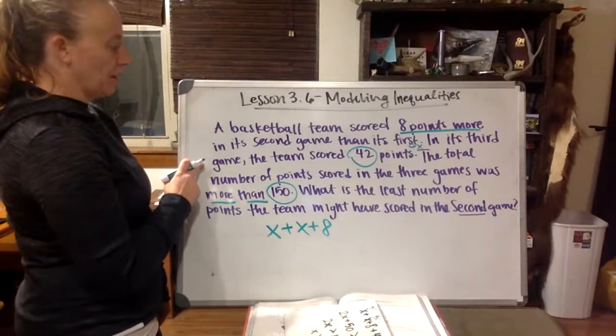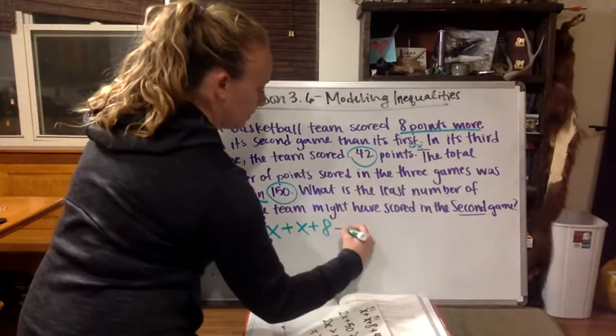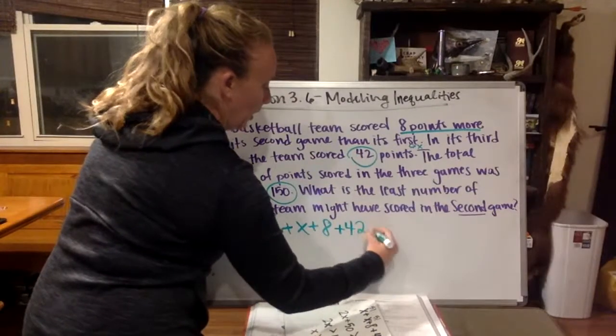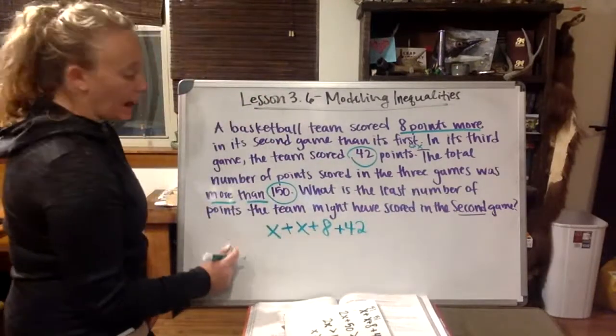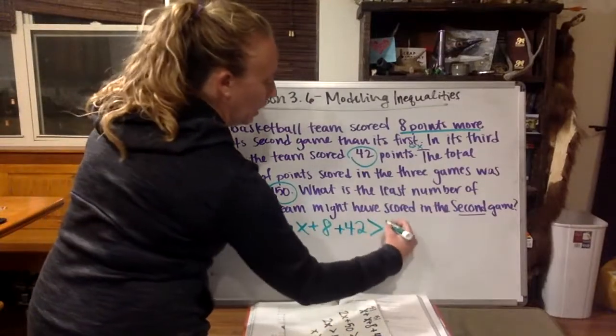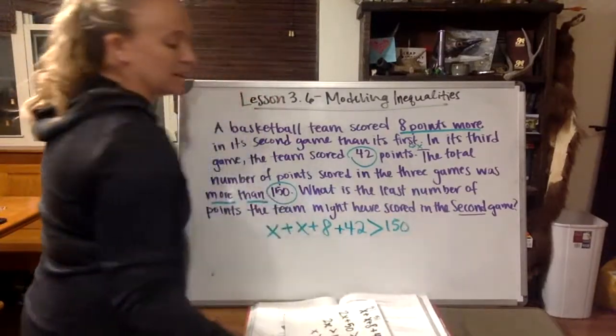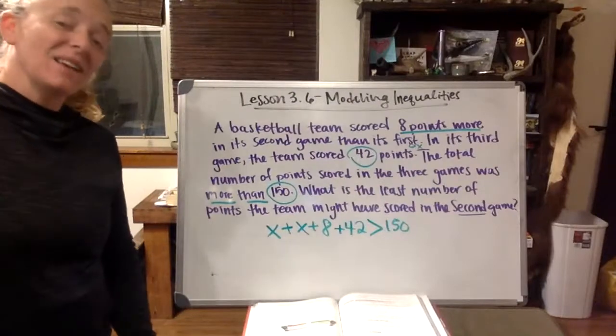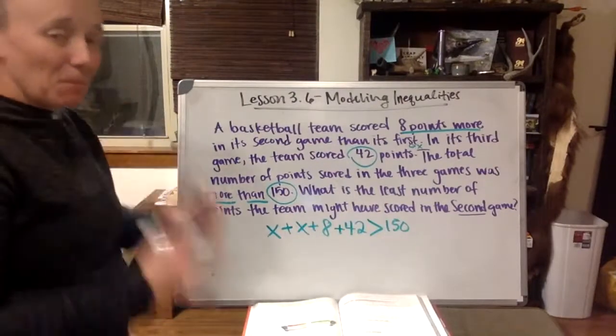And then my third game is 42 points. And all of this has to be more than 150. Now notice it says more than, not more than or equal to, more than.